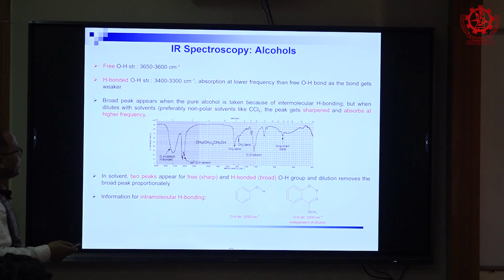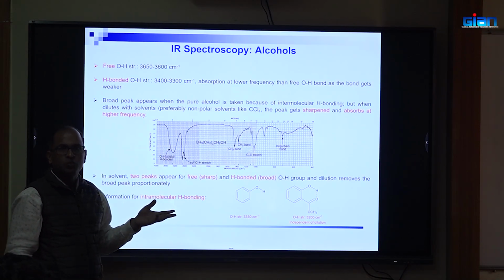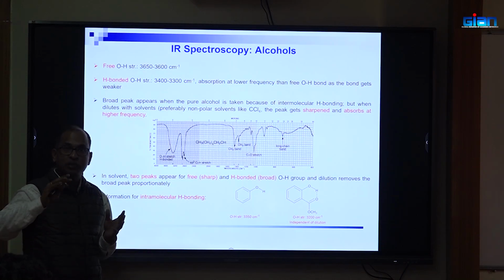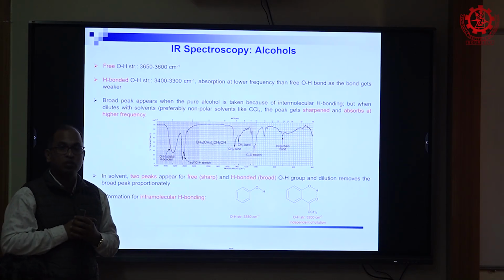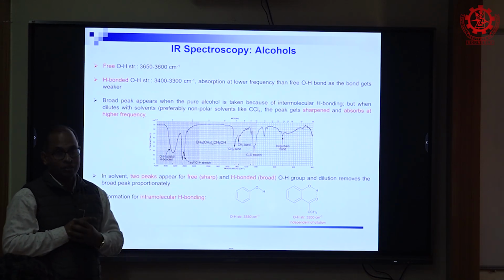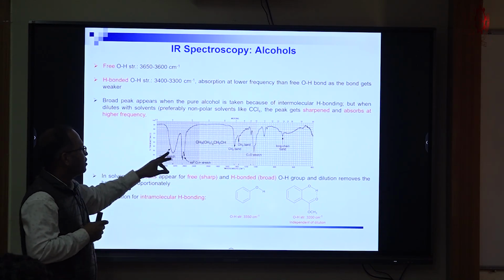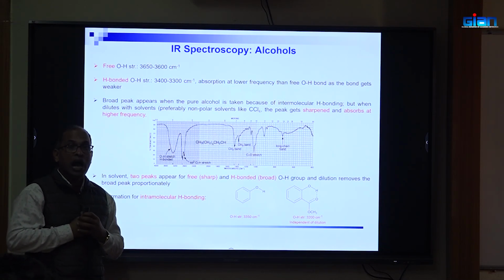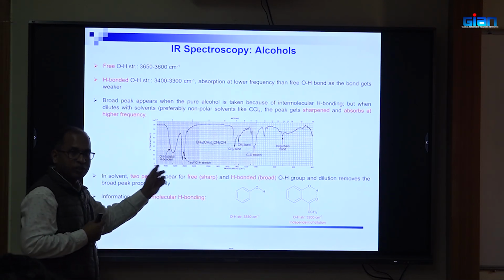Of course, if you have OH, they make hydrogen bonds. Further, IR spectroscopy not only characterizes molecules, it can also study any kind of reaction. What is that one? OH makes hydrogen bonding. Now if you want to know how much hydrogen bonding is there, you can study here.